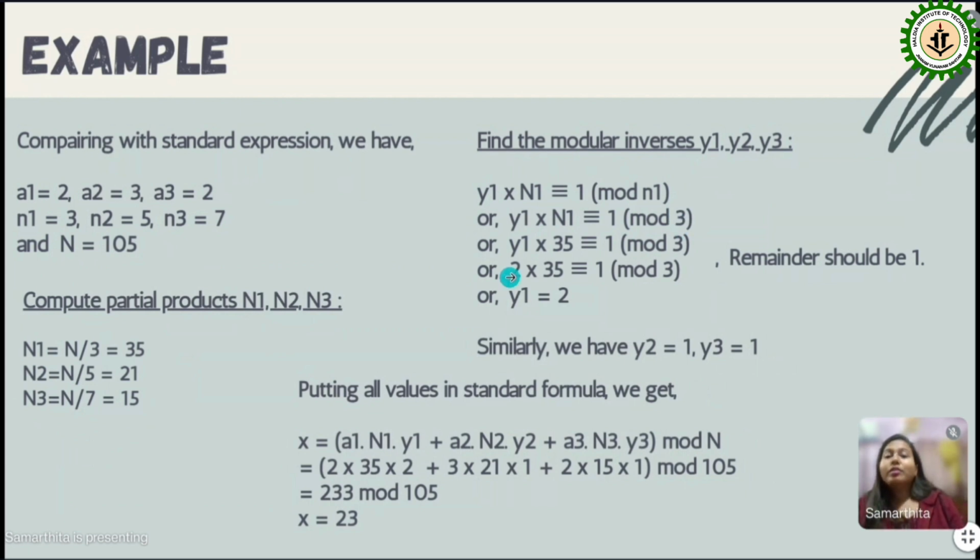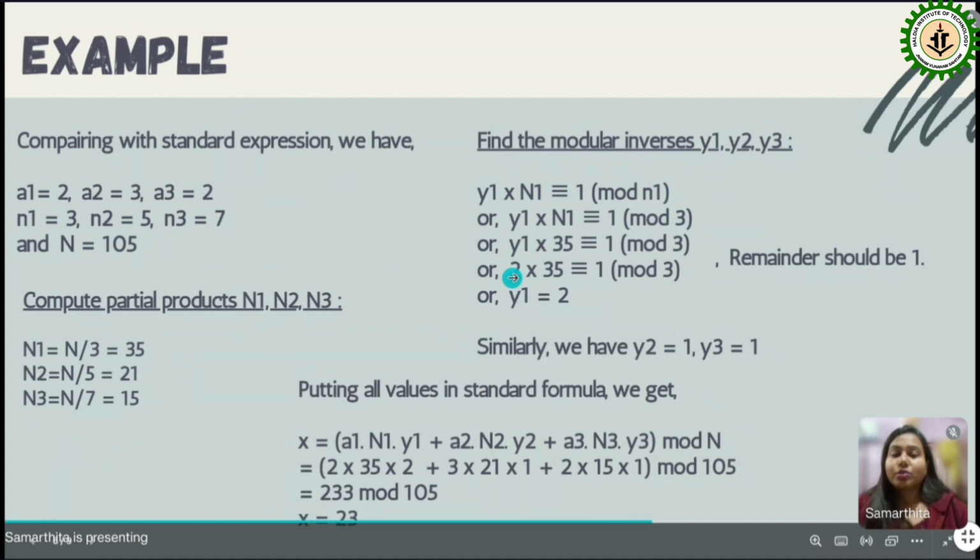Okay. So the calculation of y1 is a little bit tricky. So now let's start. The y1 into 35, the N1 value is 35.